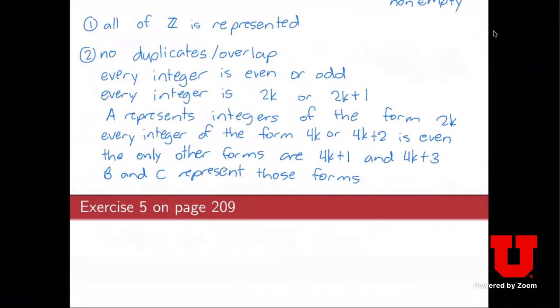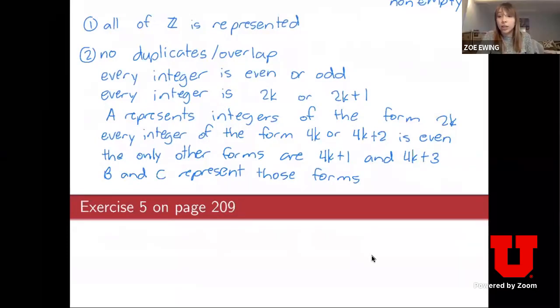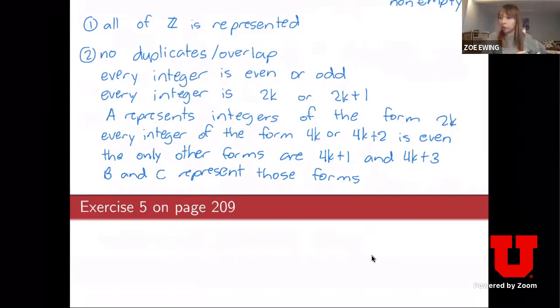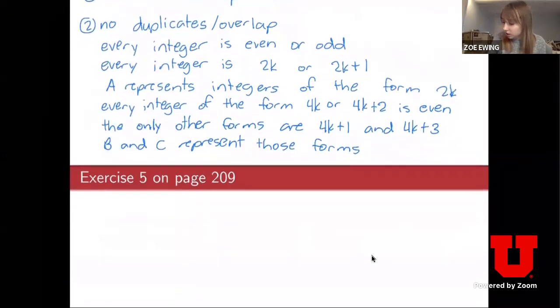Question. I know this might be obvious, but wouldn't B and C overlap? It's not obvious. But the reason that we know that B and C don't overlap is because of the division theorem.